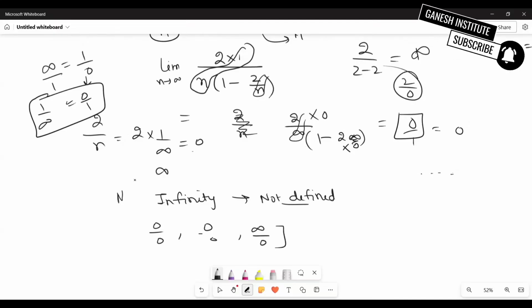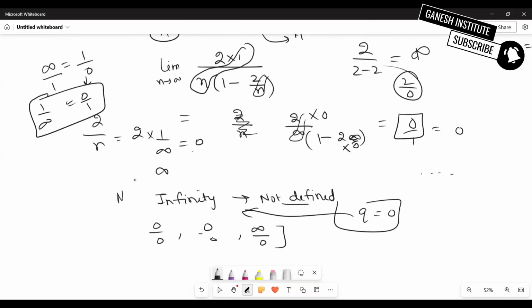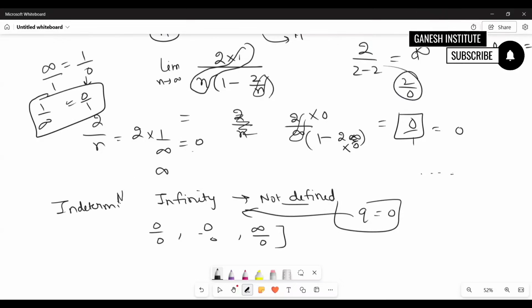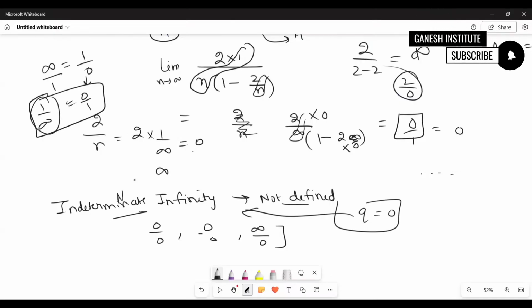All these, when you have denominator as 0, those are considered as infinite forms, indeterminate form, what you call it. So for that, you have to make 1 by infinity so as to get 0, a rational number. 0 I don't want in denominator, but in numerator form. Is this fine? Yes.